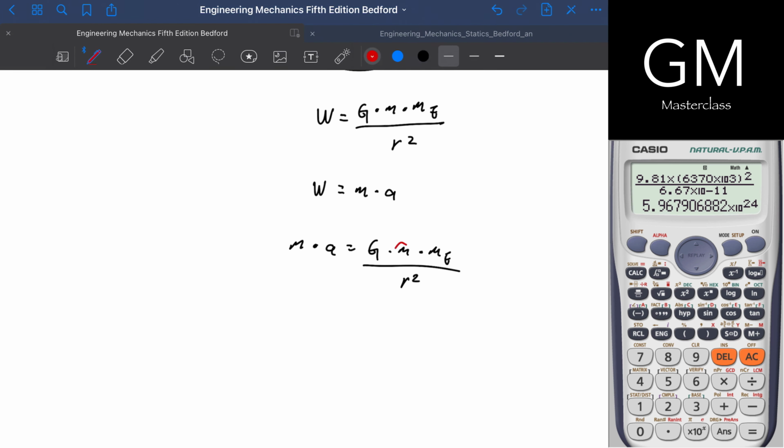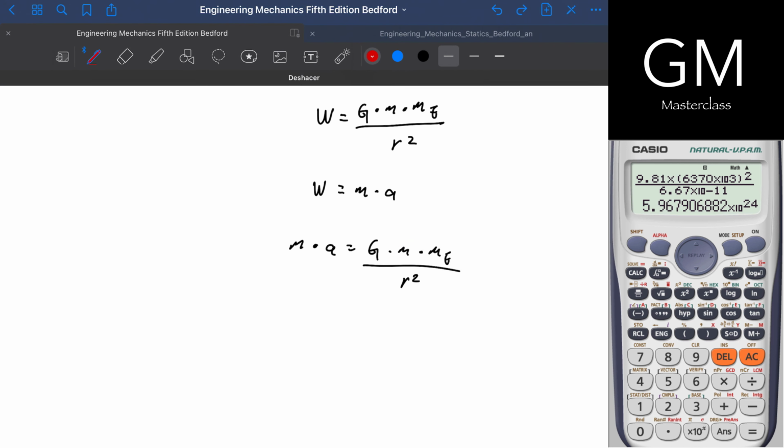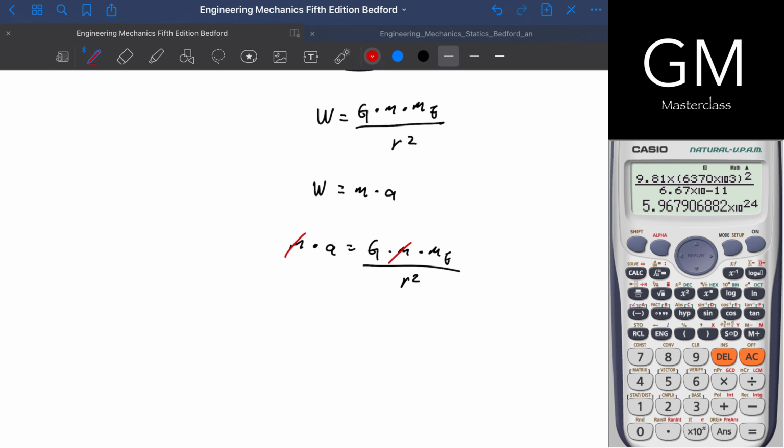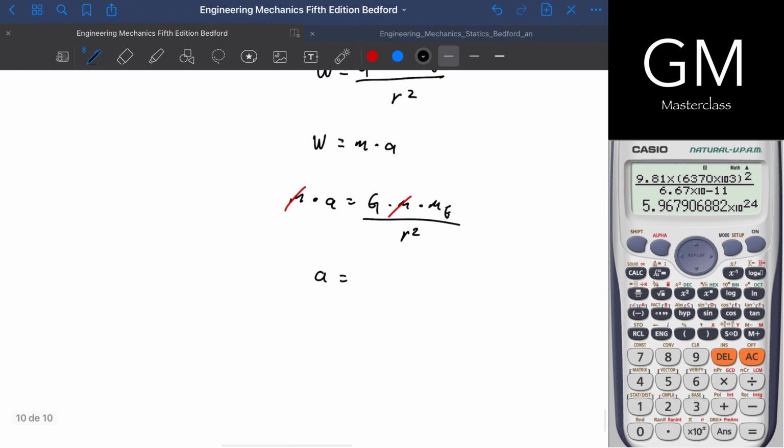I could send this m to divide the other part of the equation, and I'll eliminate the mass of the second object. So the acceleration could be solved, and that is going to be equal to G times me divided by r to the second power.